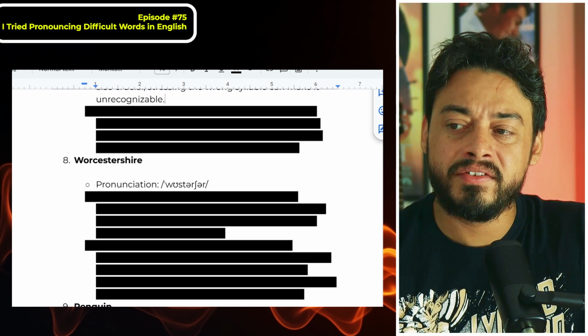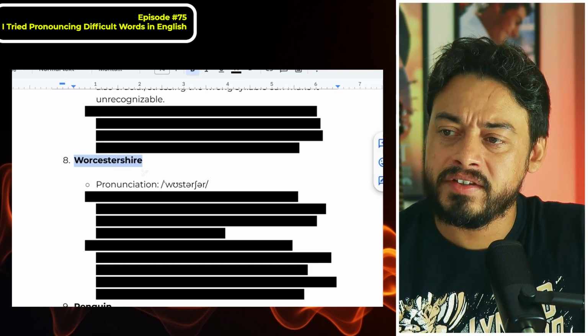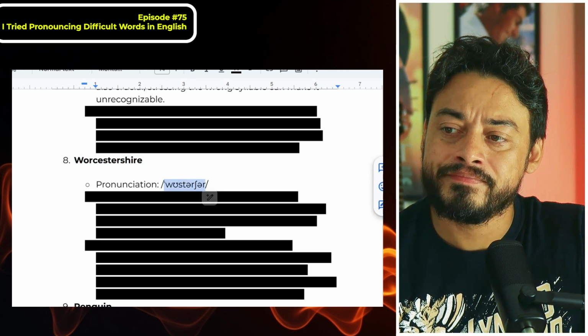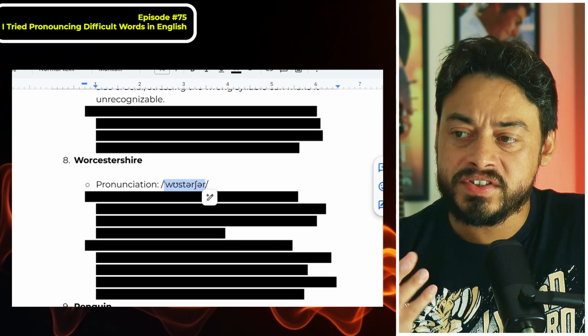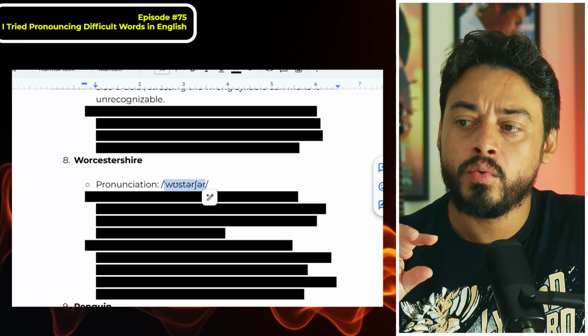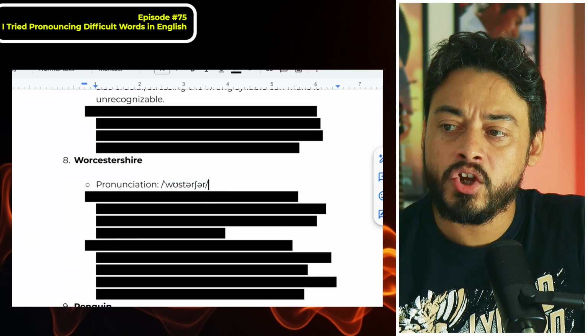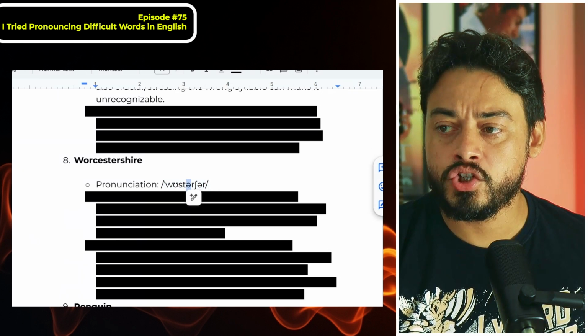Here's another one. This is a place in England, I believe. And it's really hard because it's a long word, but the sound, as you can see, is not as long. So we will pronounce this place Worcestershire. We've got schwa sounds here again. So Worcester, and sh again.